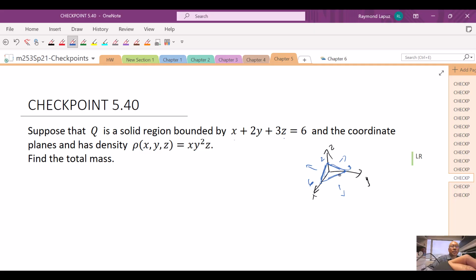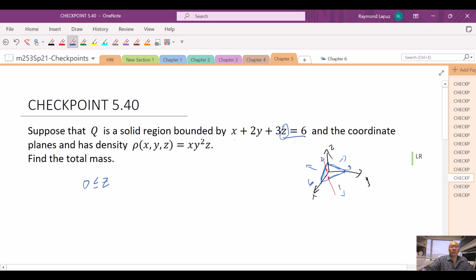So I would imagine that I might be interested in integrating with respect to z first, and with respect to z, I will have a line parallel to the z-axis, and I would imagine that in integrating with respect to z, I will have to go through the plane z is equal to 0, and then z is equal to the plane that's given.